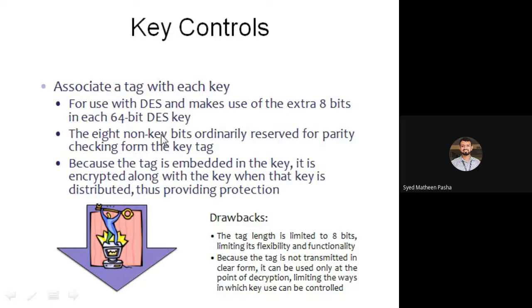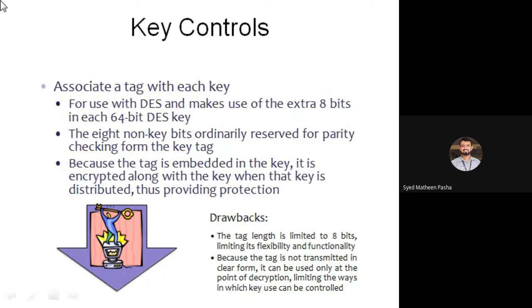The tag used with respect to key control is your DES tag. They have specified how many bits you have to use. Basically, a DES key uses 64-bit data. In addition, for key controls, there are extra 8 bits added to it. So finally, what is your key size? 64 plus 8, it is actually 72. That is the size of the key you can use here.